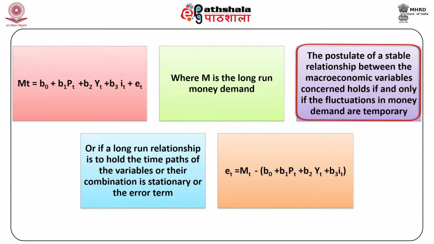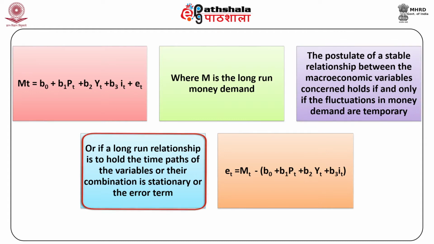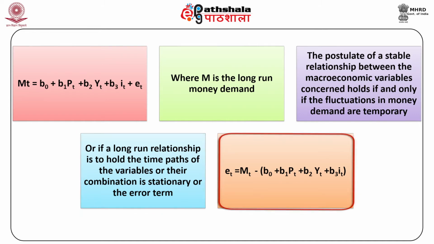The postulate of a stable relationship between the macroeconomic variables concerned holds if and only if the fluctuations in money demand are temporary, or if a long run relationship is to hold, the time paths of the variables, or their combination, is stationary, or the error term E_t = M_t minus (B0 + B1 P_t + B2 Y_t + B3 I_t) should be stationary.